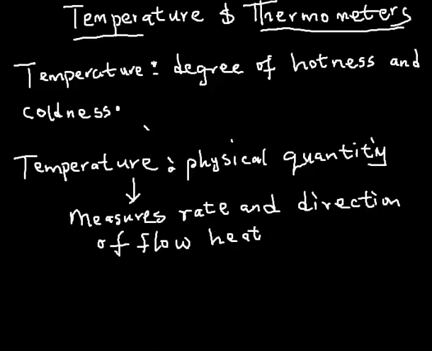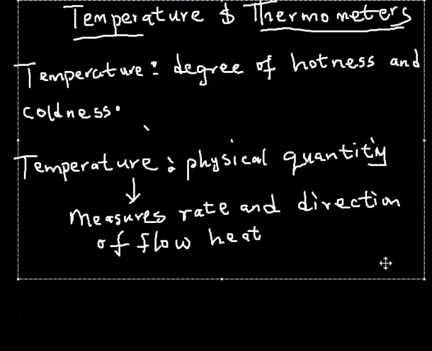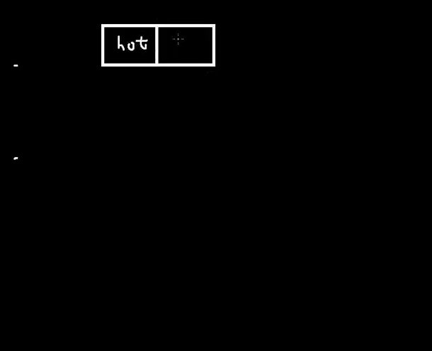Now let me illustrate what I mean. How do I know the direction of flow of heat if I have a hot object and a cold object? Heat will always flow from a hot object to a cold object.